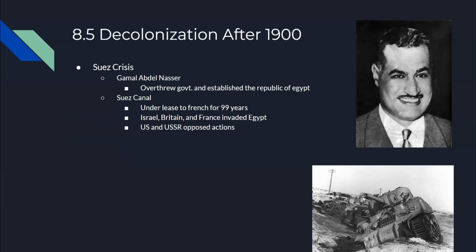The Suez Canal was built by Egyptian laborers, thousands of whom died while working on the project. France had the lease for the Suez Canal for 99 years. But when Egypt took over, Israel, Britain, and France invaded Egypt, and they caused an international incident which had both the United States and the USSR opposing their actions.